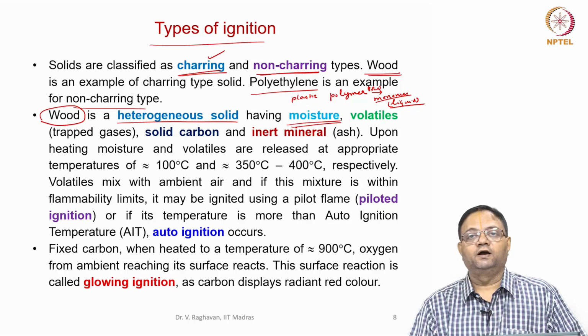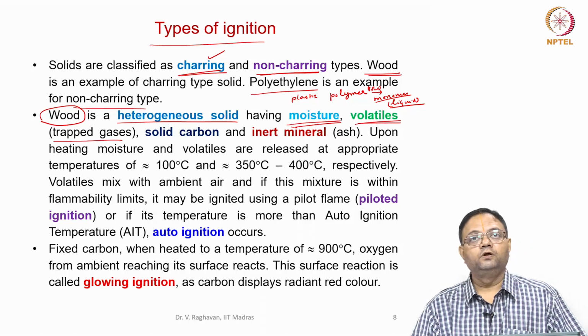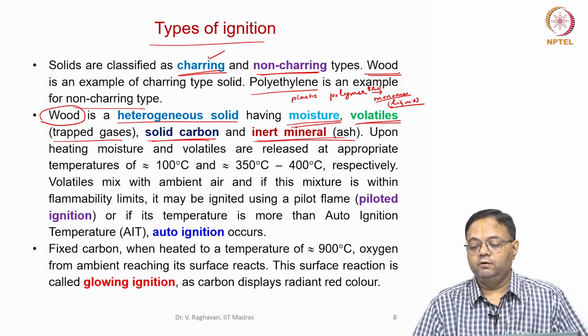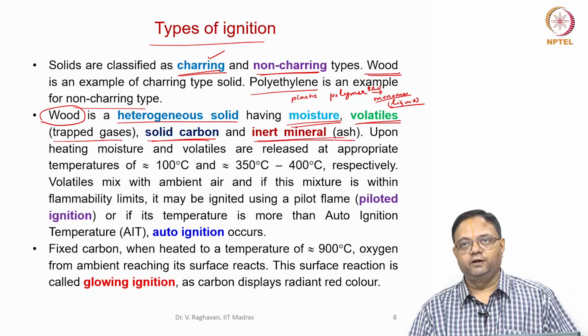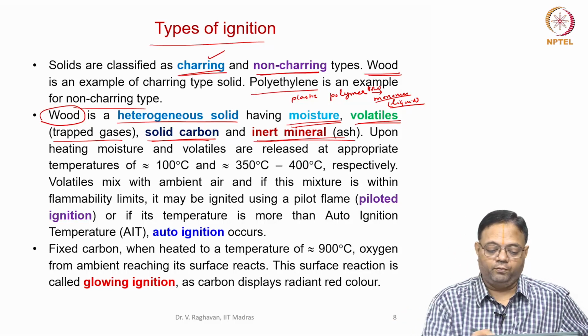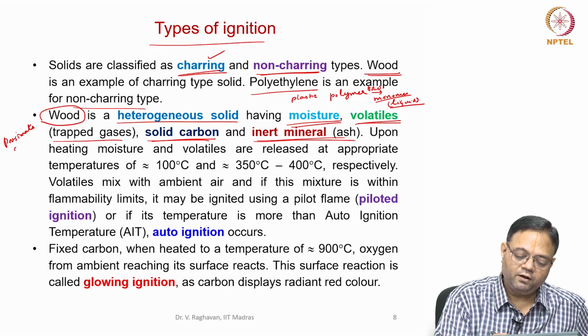Trapped moisture is there, which is liquid water, then volatiles, which are trapped gases, then solid fixed carbon, and again a solid, which is mineral ash, inert material. There are 4 components, which are obtained from proximate analysis. We have seen this already, proximate analysis.